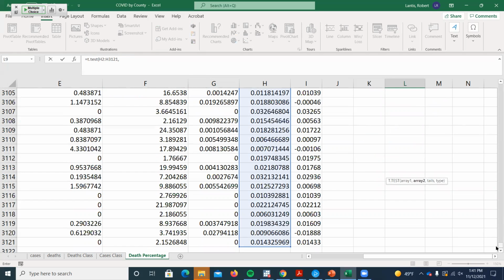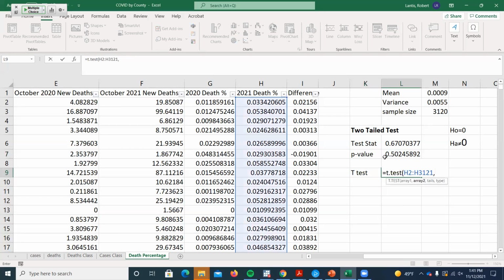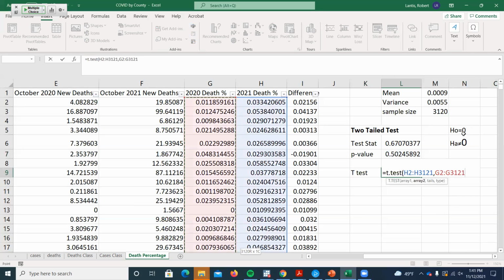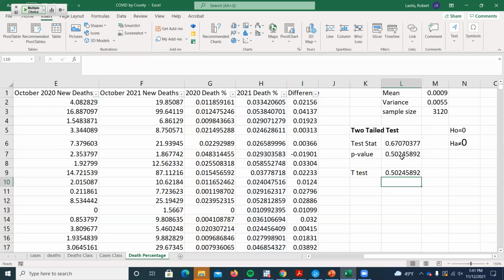I only scroll up so that I can show you. You can actually see it, and you can also see the little titles here. So the second variable was the 2020 death percent. So I select that column, comma. Now I have a two-tailed test, comma. I'm still using a matched pair example. So hopefully I get the exact same p-value that I did up here. Sure enough, I do. Okay.